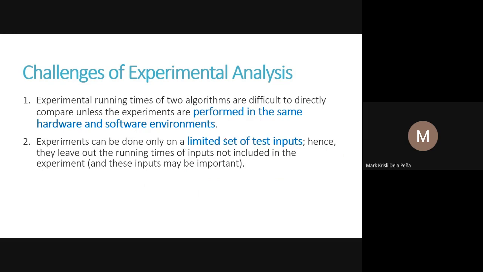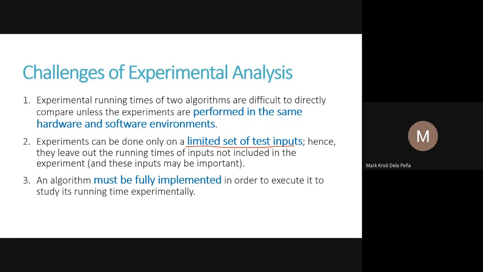So there is only a limited set of test inputs if you use experimental analysis. Hence they leave out running times of inputs not included in the experiment, and these inputs may be important. Probably when you increase the input size to much larger values, you might find a very significant observation. However, due to the limitations of our test environment or our computers, there might be some difficulties or problems that would occur.